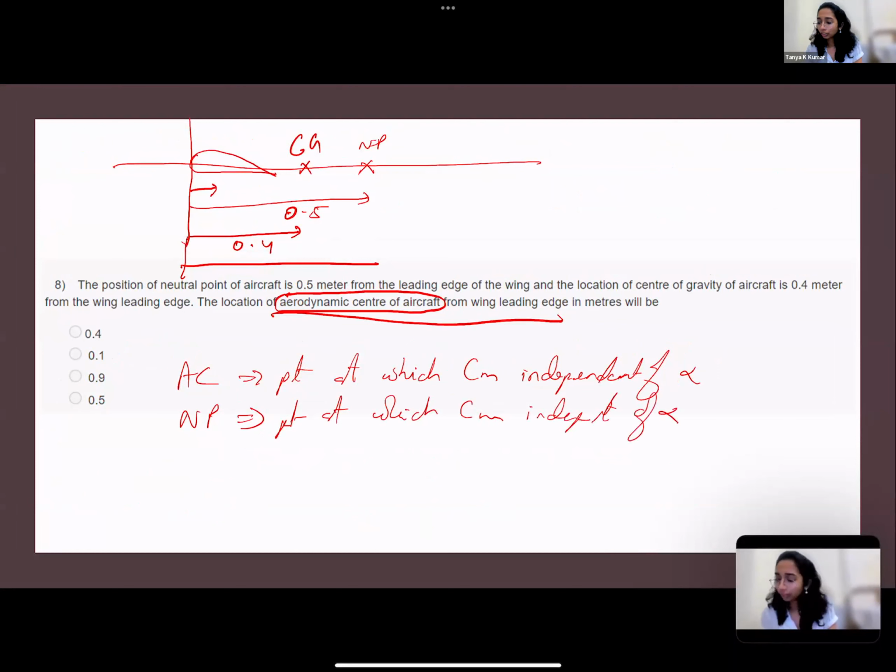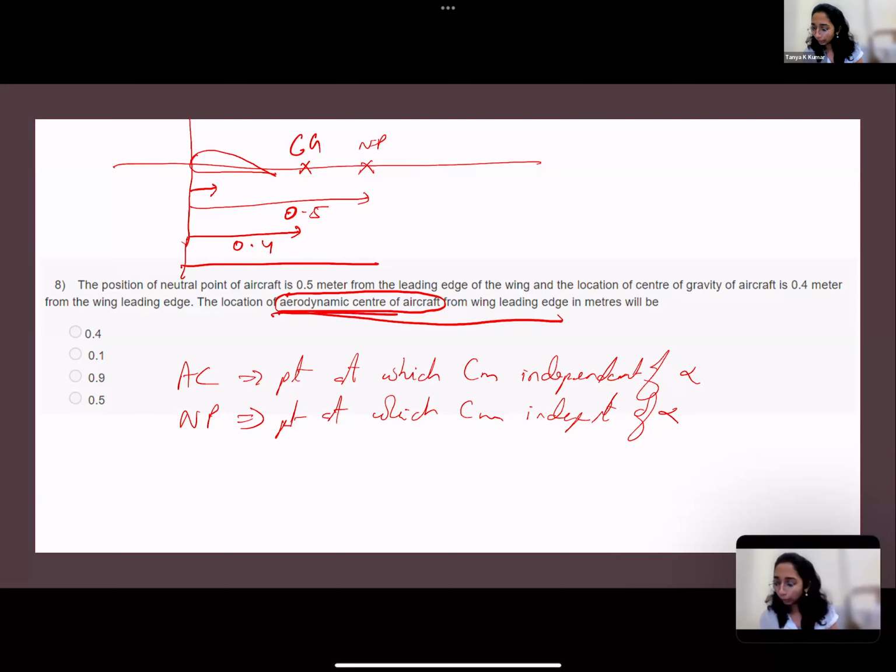of alpha. So isn't the definition of aerodynamic center neutral point the same thing? So I had mentioned this in both those weeks previously. Aerodynamic center is with respect to a wing. Neutral point is the aerodynamic center of the entire aircraft. Okay.